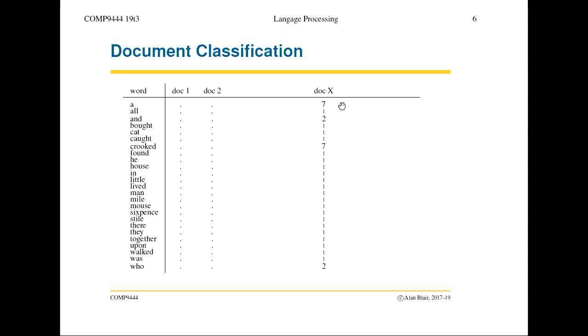Now, I mentioned that there may be certain words that occur a lot in a document. What we're talking about here is essentially a linear model. So the fact that the word occurs once is significant. If it occurs 7 times and you weight that by a factor of 7, you may be giving undue emphasis to that word.